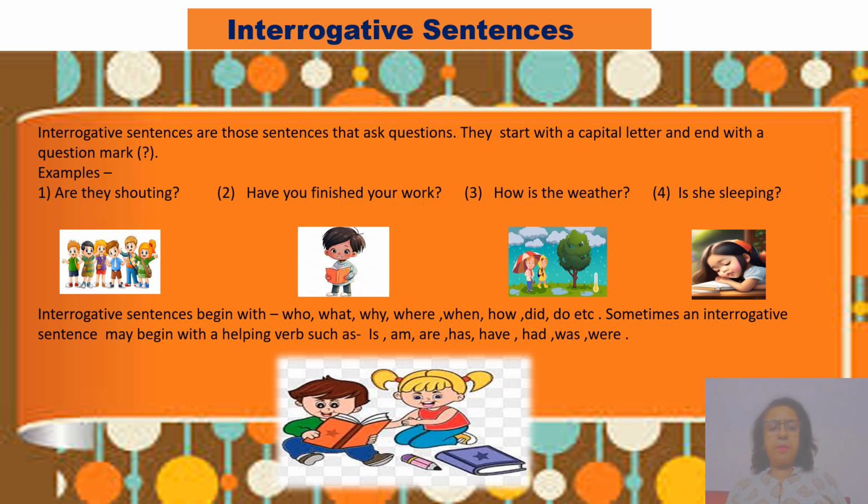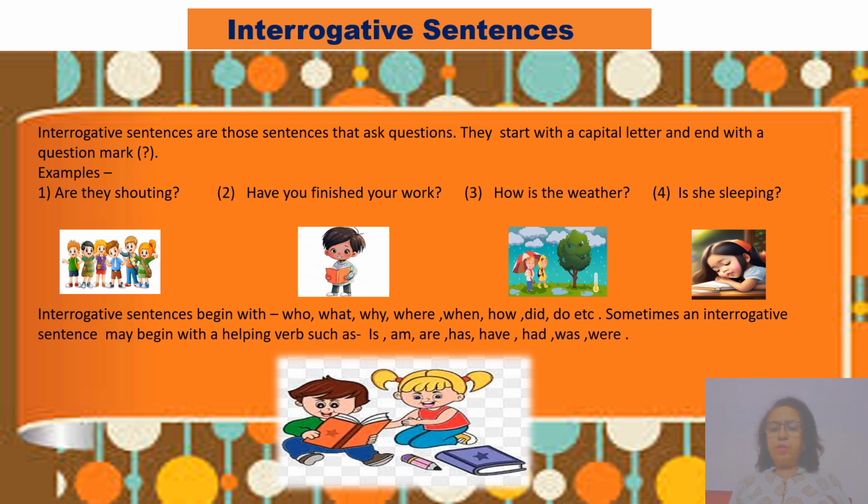Interrogative sentences begin with who, what, why, where, when, how, did, do, etc. Sometimes an interrogative sentence may also begin with a helping verb. Helping verbs are is, am, are, has, have, had, was, and were.